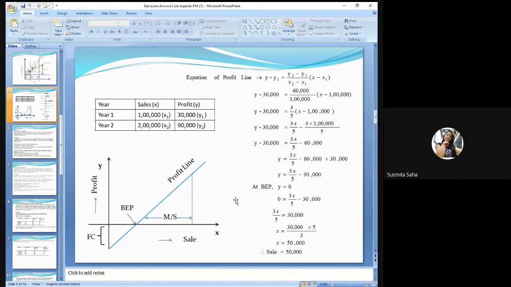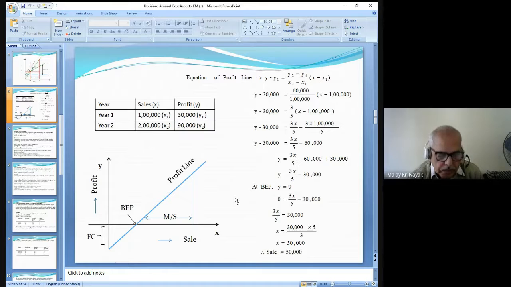No, sir, 10 lakh minus 2,50,000, that is 7,50,000. From the given figure, margin of safety equals sale at selected activity, 10 lakh, minus sale at break-even point, 2,50,000, which is 7,50,000.